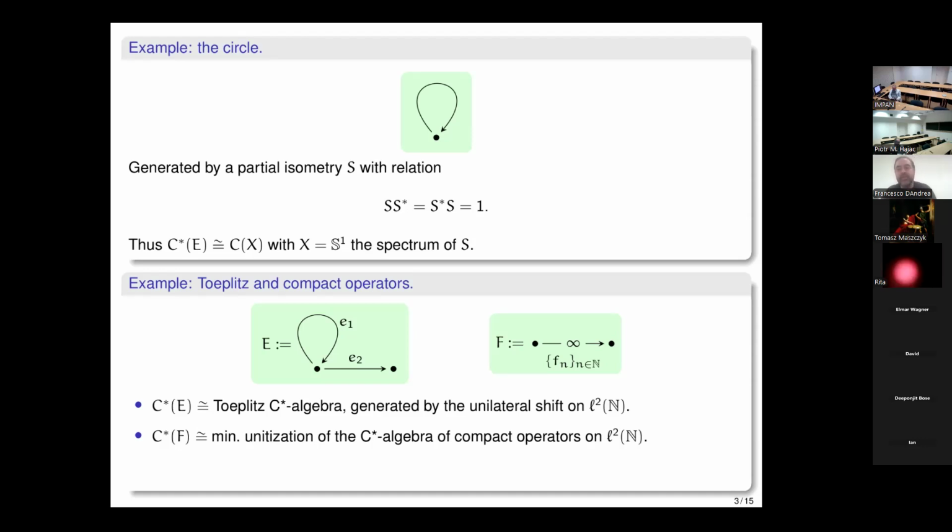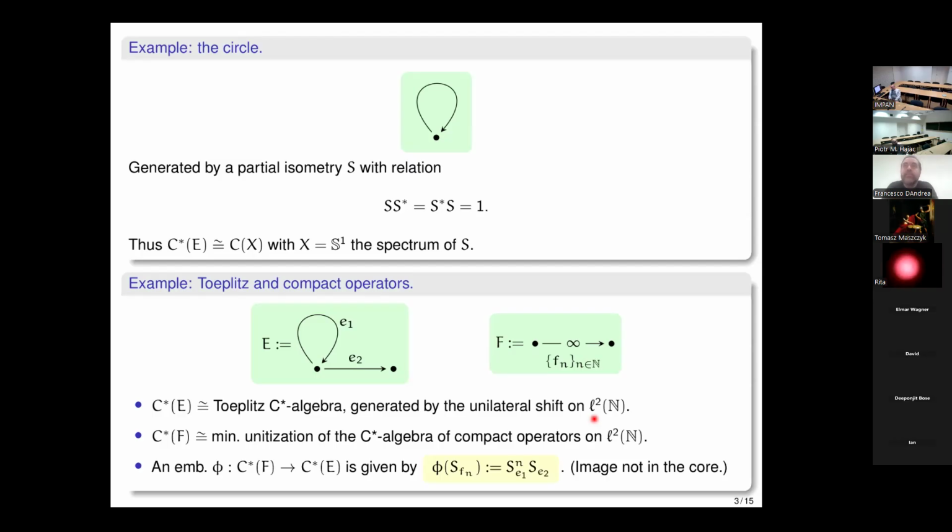You have to choose in the correct way these matrix units, but it's not difficult to write down the explicit isomorphism with compact operators. And you get the minimal unitization because the sum of the two vertex projections is the unit. So you have finite rank operators, the closure, plus the identity on L2 of N.